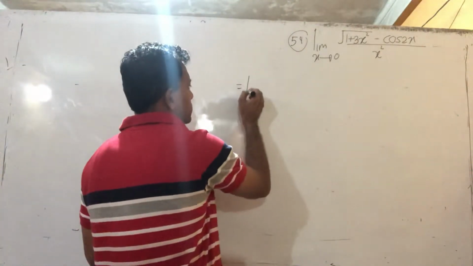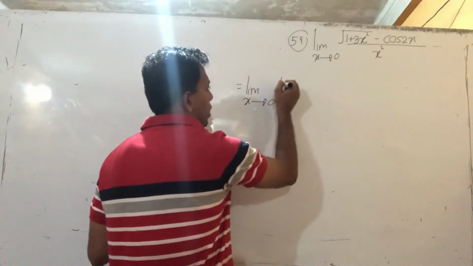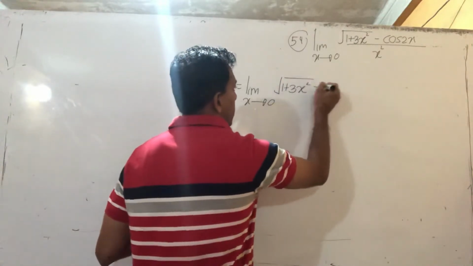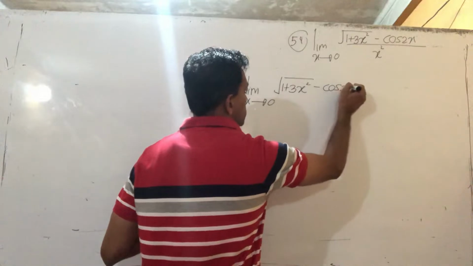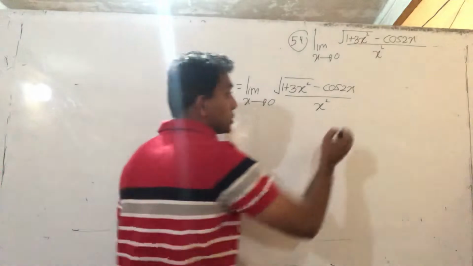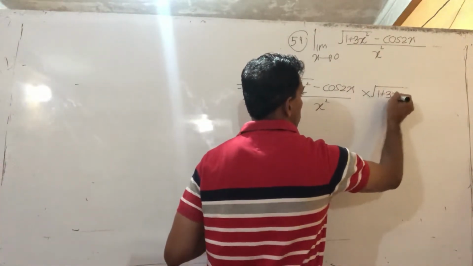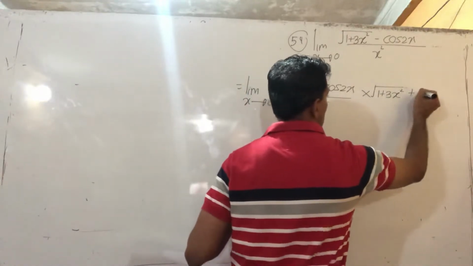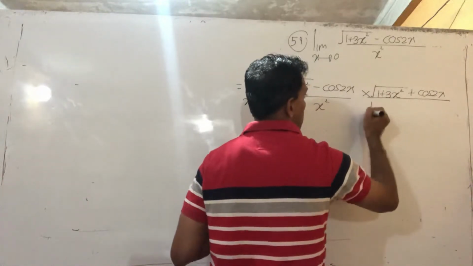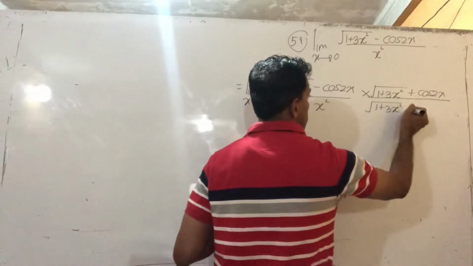Therefore, limit x tends to 0 of square root 1 plus 3x square minus cos 2x over x square, into square root 1 plus 3x square plus cos 2x over the same, up and down, multiplied by the conjugate of the numerator.